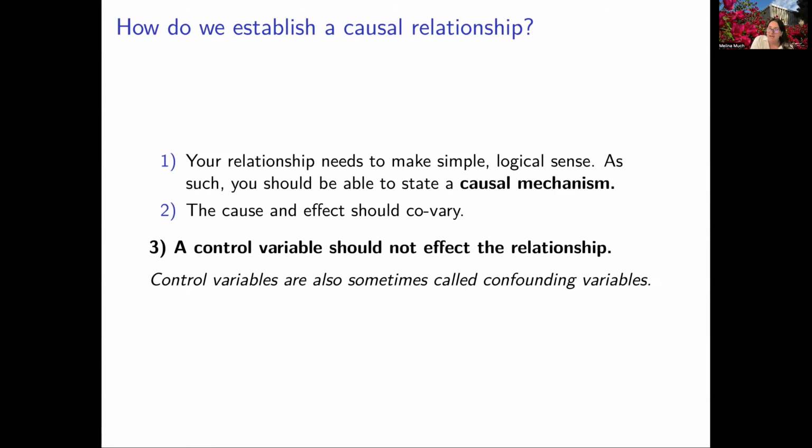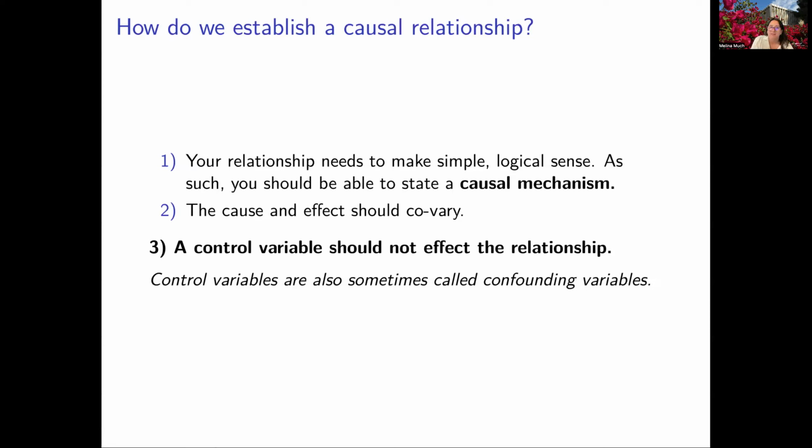So this third tenet of establishing a causal relationship essentially states that there can't be an additional third variable that affects the relationship, right? So this was the month, time of year, temperature type argument. These are called control variables or confounding variables. And we'll talk about the details of those particular relationships in the next lecture.